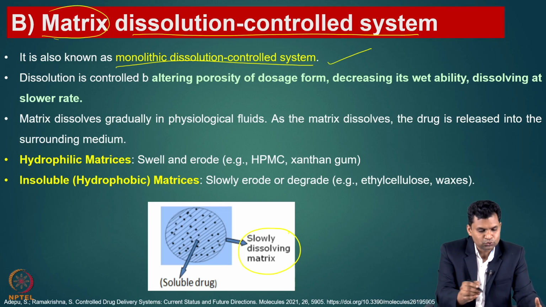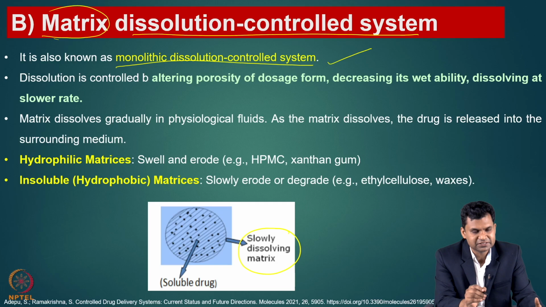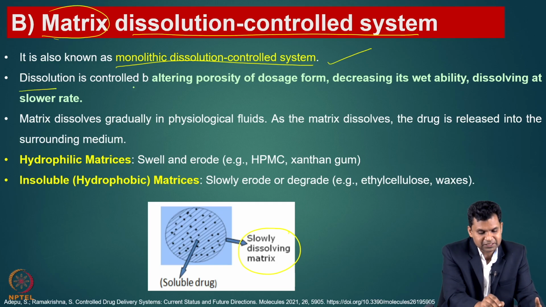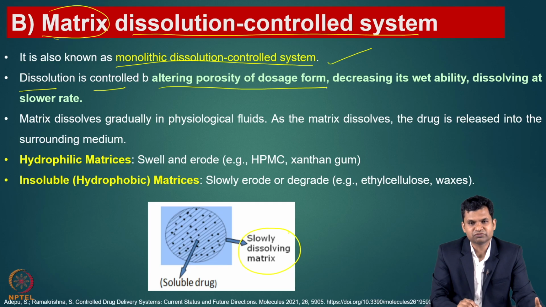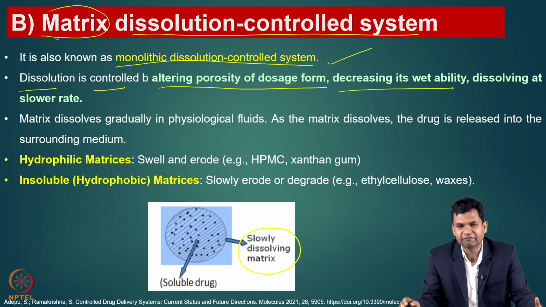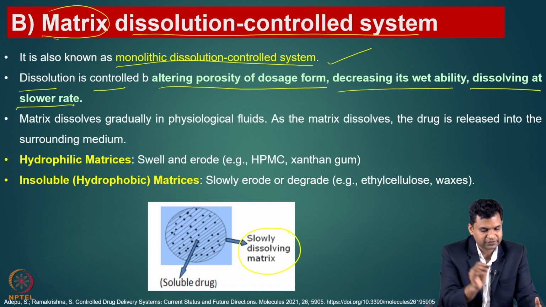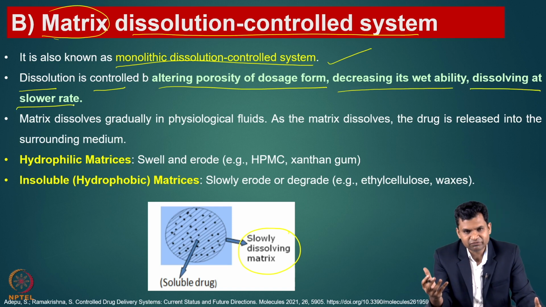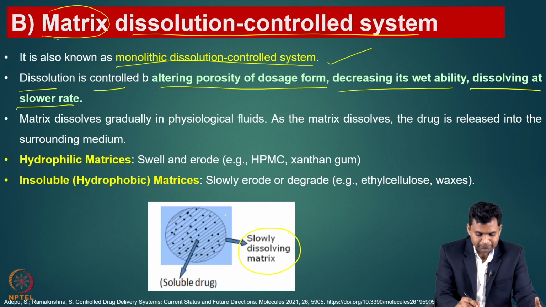Here the principle is that dissolution is controlled by altering the porosity of the dosage form, decreasing its wettability and dissolving at a slow rate. Once you perform the dissolution study, what happens?